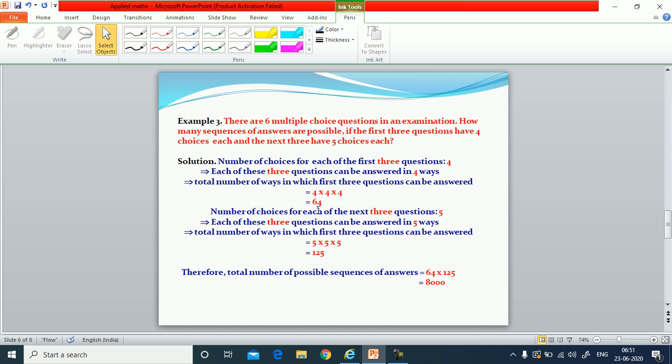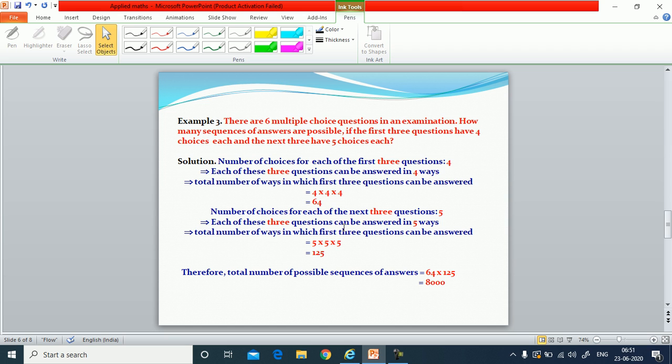Recall fundamental principle of counting. What is it talking about? We have to attempt first question. We have to attempt second also, third also, fourth also, fifth as well as sixth. So what does it say? The total number of ways, as we saw in fundamental principle of counting, will be m into n.